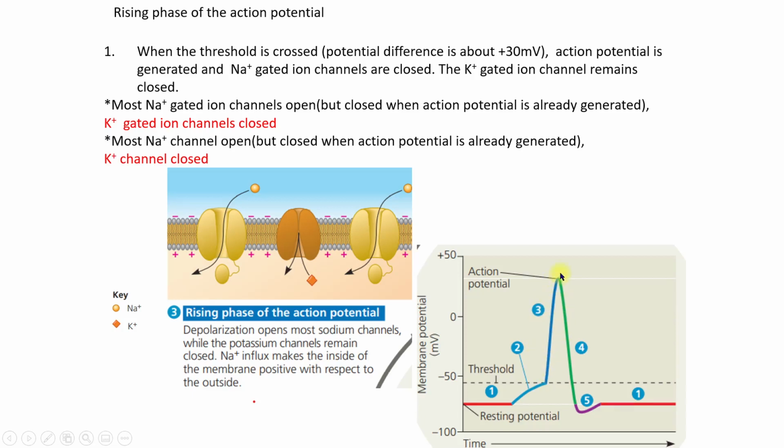Now when the action potential is generated here, what happens? All channels are closed: the sodium ion gated channel, sodium ion channel, potassium ion gated ion channel, and potassium ion channels.